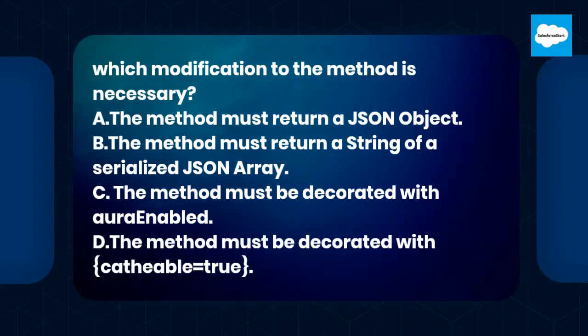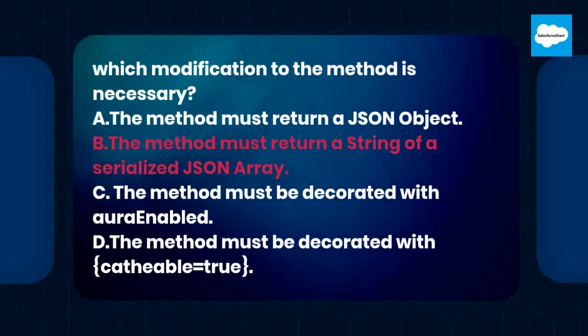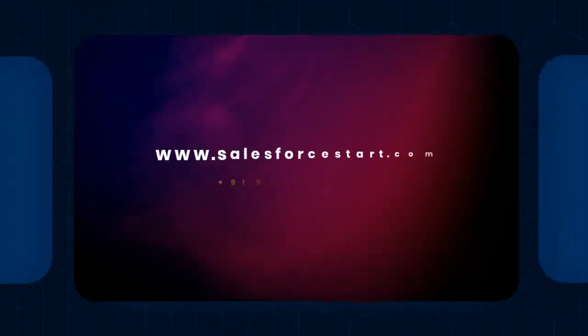B. The method must return a string of a serialized JSON array. C. The method must be decorated with @AuraEnabled. D. The method must be decorated with cacheable=true. The answer is option B: the method must return a string of a serialized JSON array.